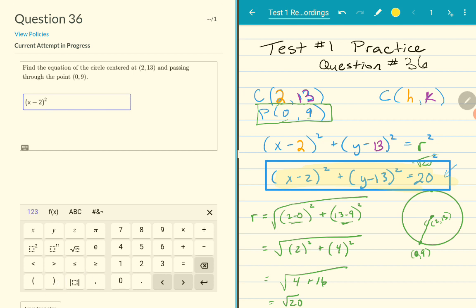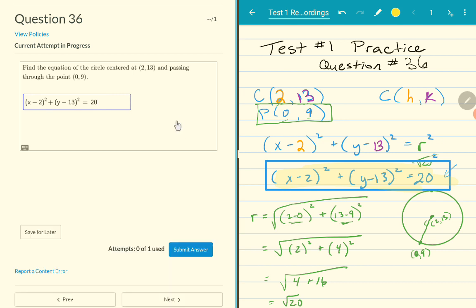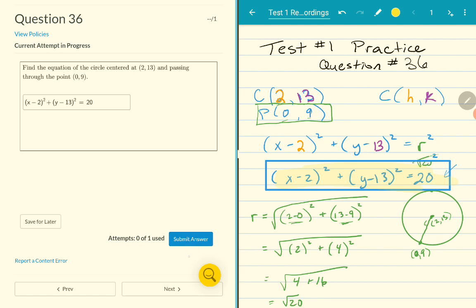Then plus, making sure your cursor is not in the exponent anymore, then parenthesis y minus 13, get past the parenthesis with your right arrow, then exponent of 2, and right arrow again to get out of the exponent, then equals 20. Then I can close the keyboard or click out of the answer box so it's not highlighted anymore. So it's saved, and then I click submit answer.